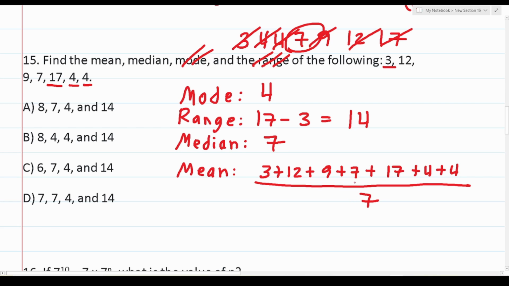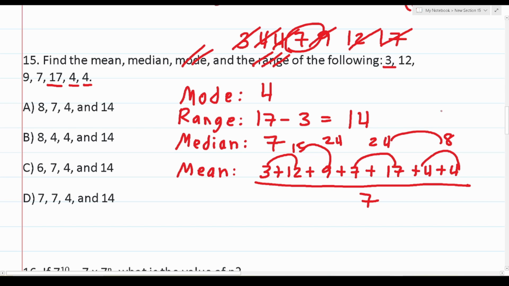Okay, so let's go ahead and add these up. 4 and 4 is 8. 17 and 7 is 17, 18, 19, 20, 21, 22, 23, 24. 3 and 12 is 15. 15 plus 9 is going to be 24. So we have 24, 24, and 8.